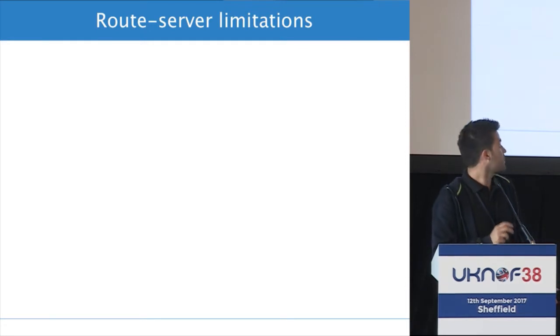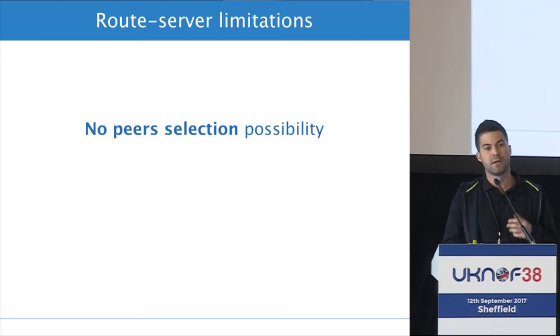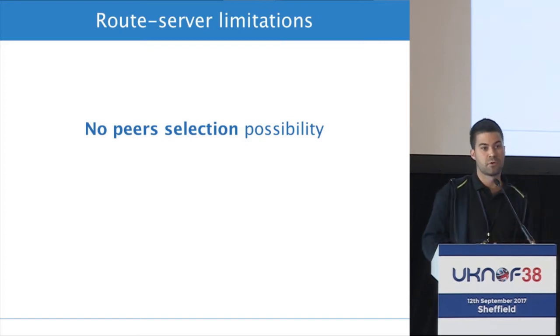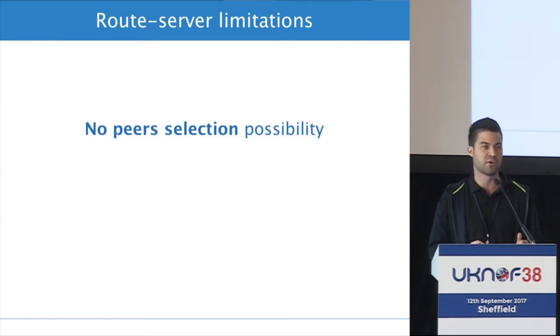For us, the most important one was the fact that when you join a route server, usually there is no real or efficient way to decide who you want to peer or don't want to peer with. You join the route server, you're going to peer with everybody. There are some filtering mechanisms you can use, communities, other things, but none of them is really efficient or easy to use.